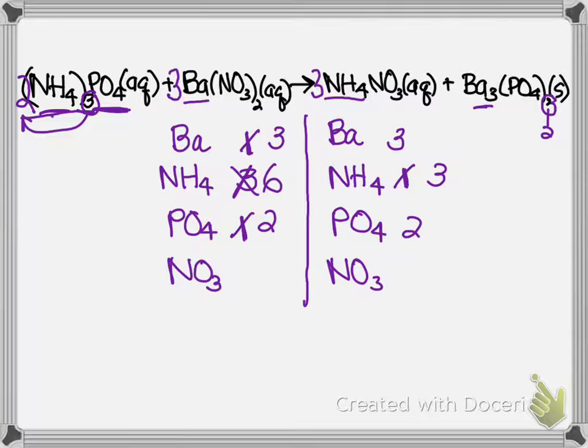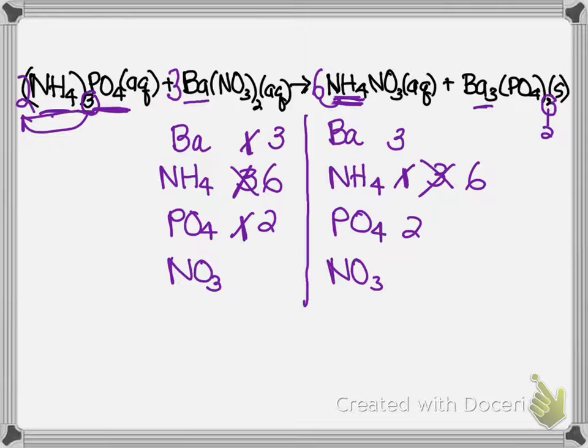So when I come back to the product side, there's still only 1. So I'm going to take my eraser, and I'm going to erase that. And let me write back in my things that I erased that I didn't want to. There we go. And I'm going to replace the 3 with a 6. So now there would be 6 of those.